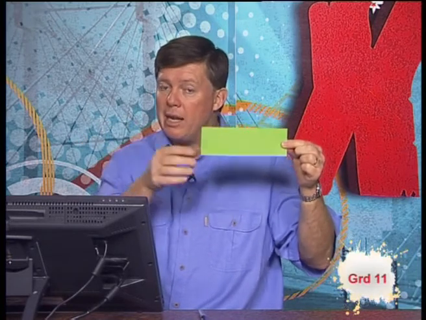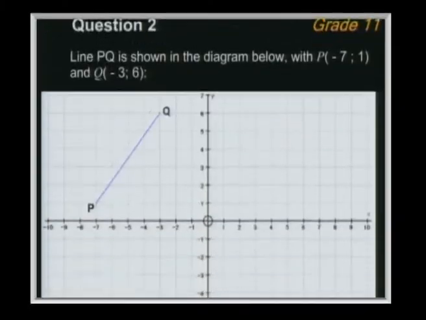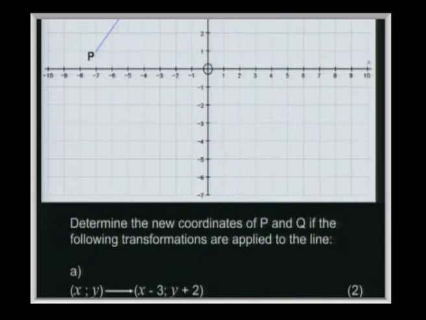So whatever happens on the x's is going to influence it horizontally. Whatever happens on the y's is going to influence it vertically. Let's have a look at the question. Here they want us to move it to a new transformation of x minus 3 and y plus 2.